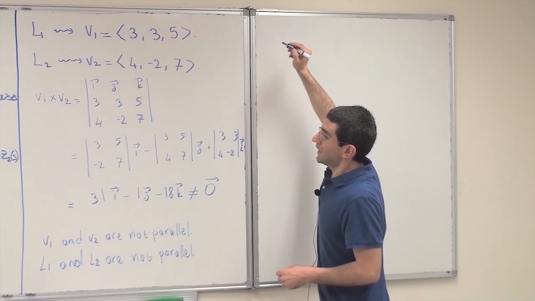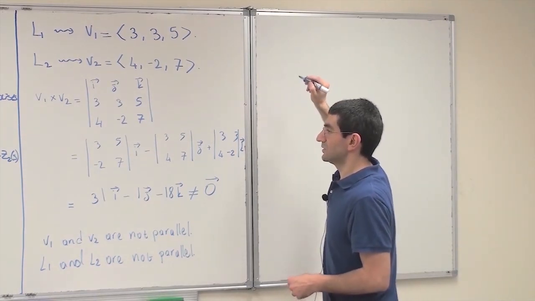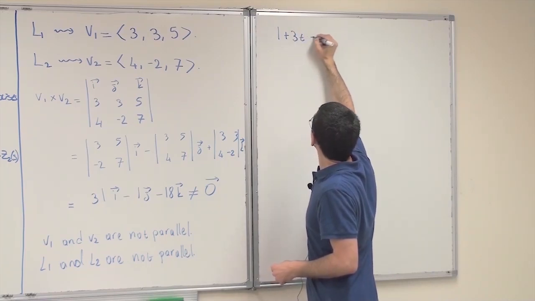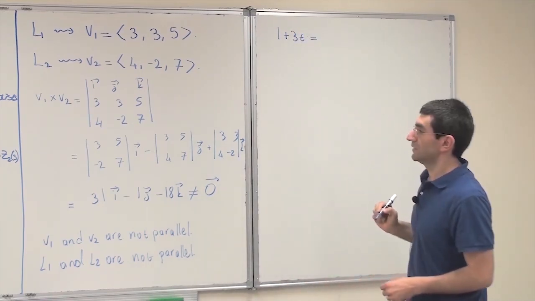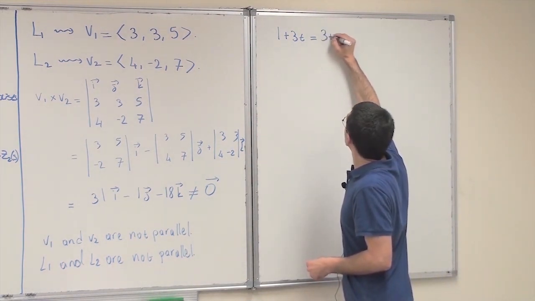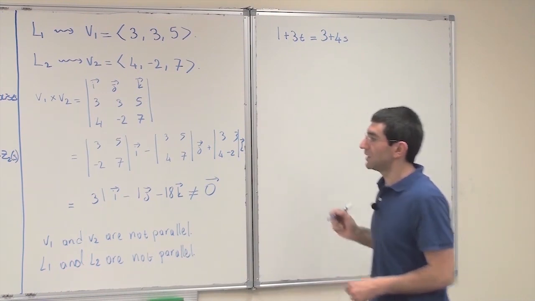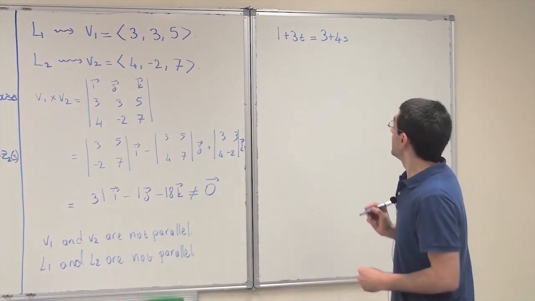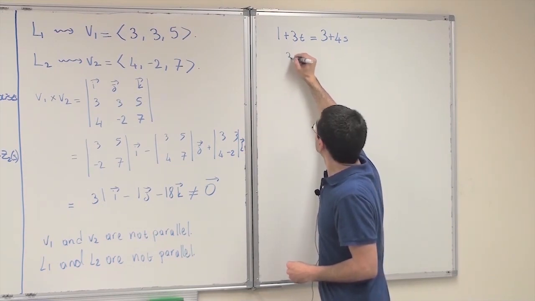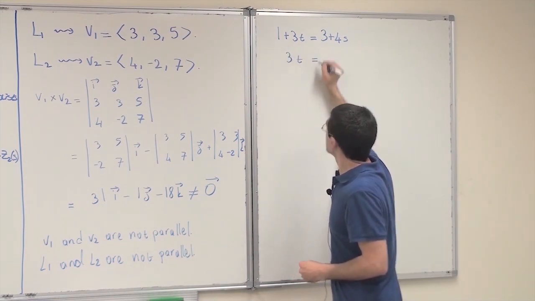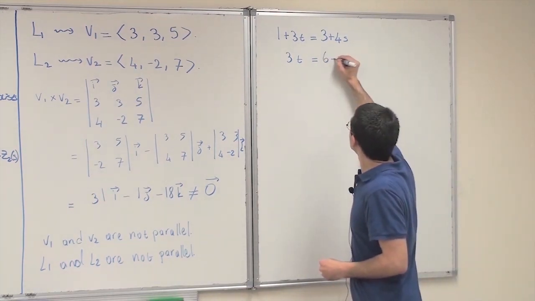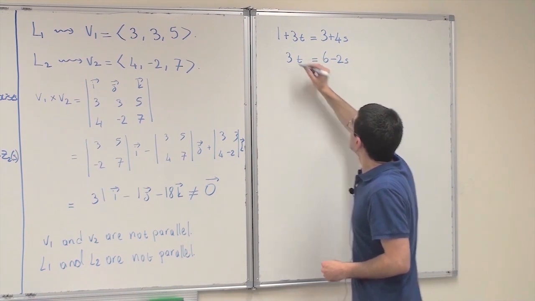So I set the equations of x to be equal to each other. So 1 plus 3t, that's the x of line 1, is equal to the x of line 2, 3 plus 4s. Then the y of line 1, it's 3t, should be equal to the y of line 2, 6 minus 2s.